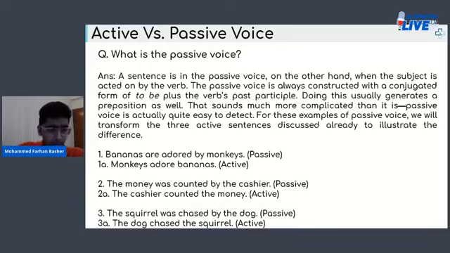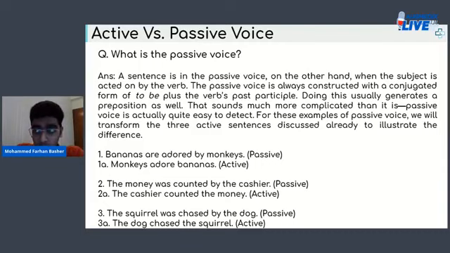All right. Taking a look at the third distinction here. The squirrel was chased by the dog. This sentence is in the passive construction. In the active voice, it was the dog chased the squirrel. When you say the dog chased the squirrel, the focus is on the subject, which is the dog.